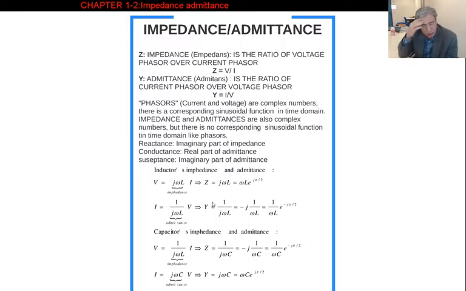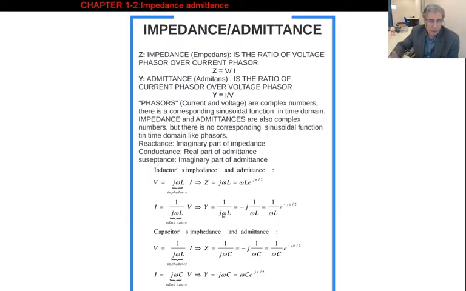If you consider resistor, resistance, of which the dimension is ohms, and the inverse of R is conductance, dimension is Siemens. So that is the impedance corresponding to the resistance, and this is the admittance corresponding to the conductance.